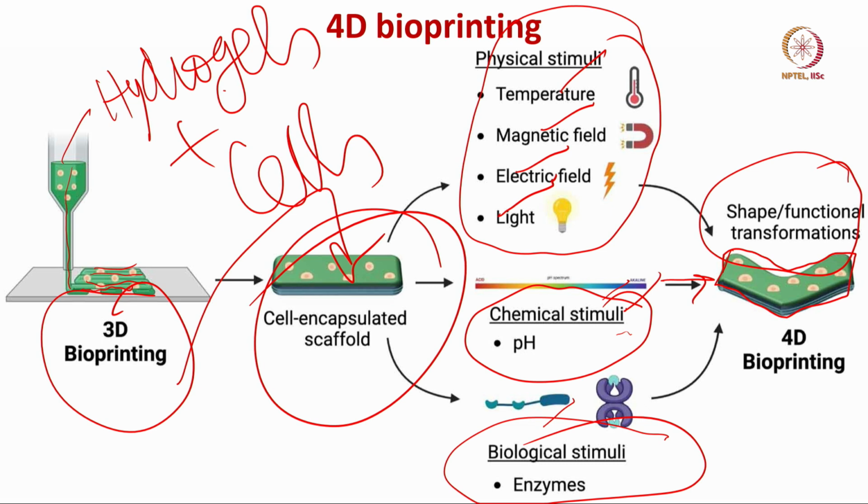Under exposure to different kinds of stimuli, if these 3D bioprinted scaffolds can change their shape or functions, then this particular approach is called 4D bioprinting. Essentially, you are adding one more dimension to 3D bioprinting by providing this external stimulation. Right.